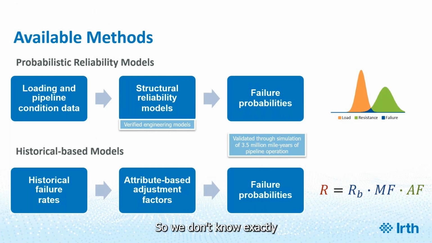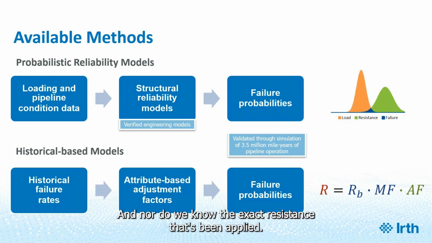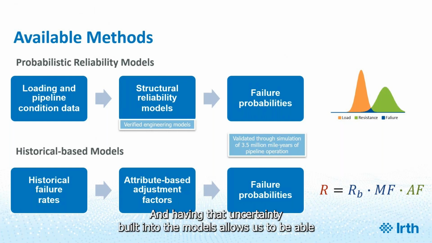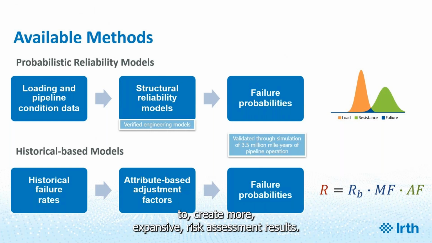We don't know exactly the SMYS value or the tensile strength, nor do we know the exact resistance that's been applied. Hence, we need to build in uncertainty, and having that uncertainty built into the models allows us to create more expansive risk assessment results.